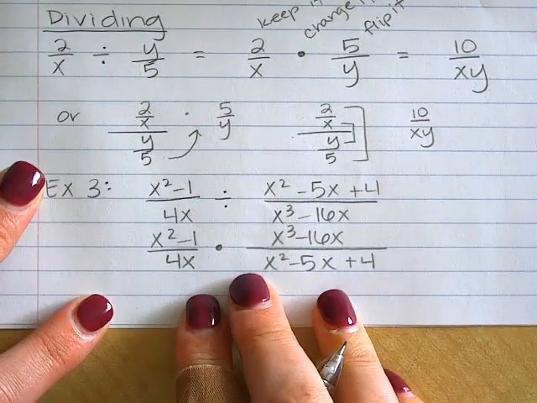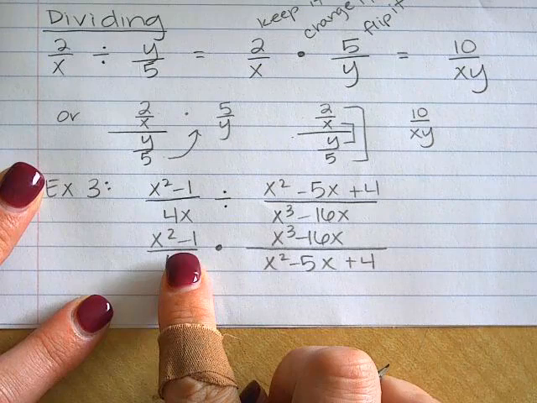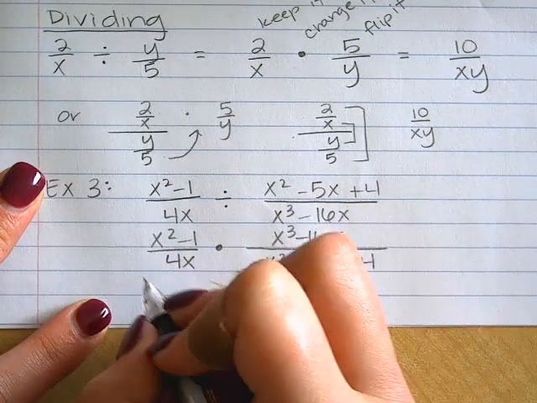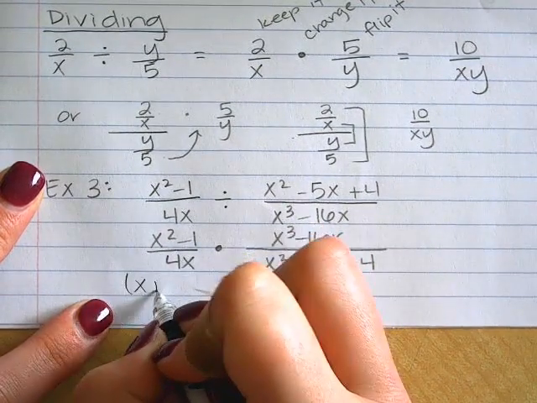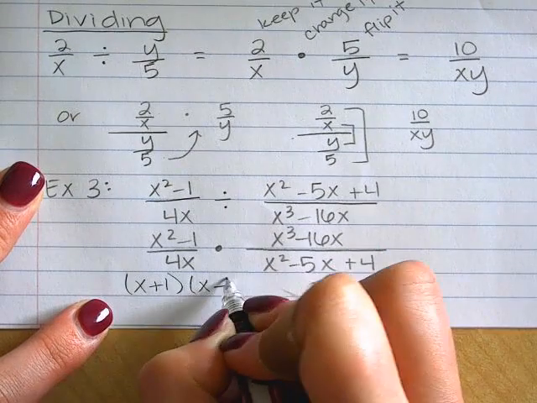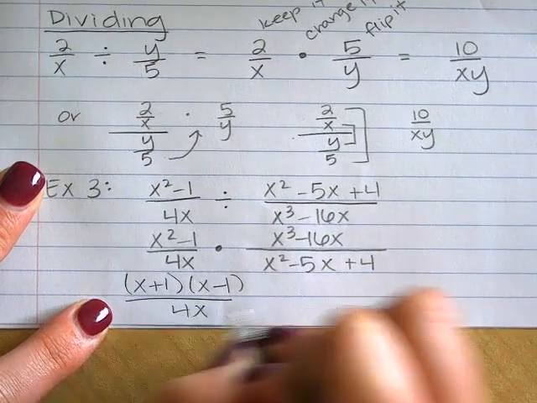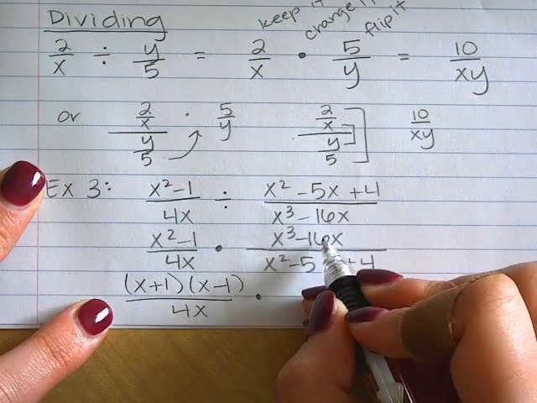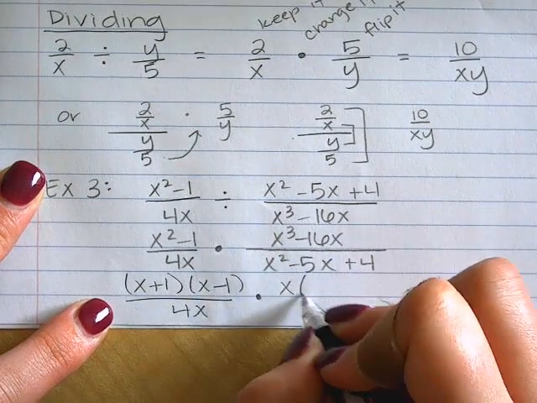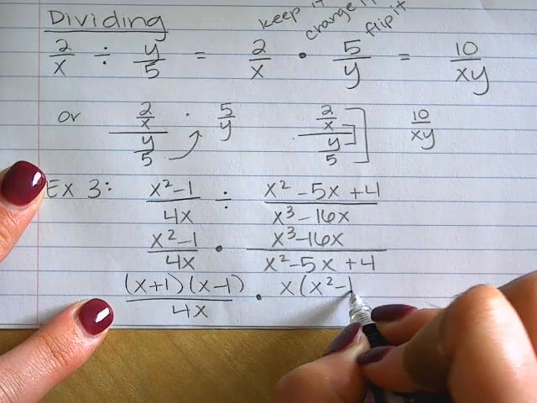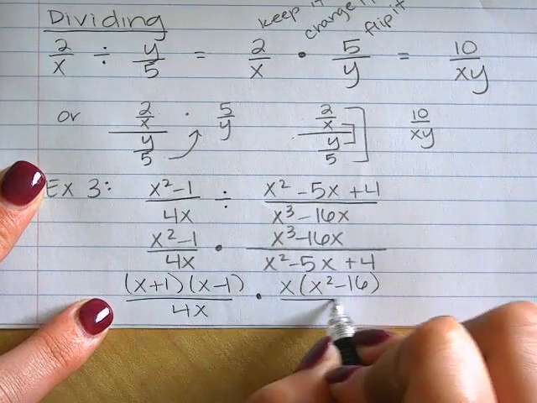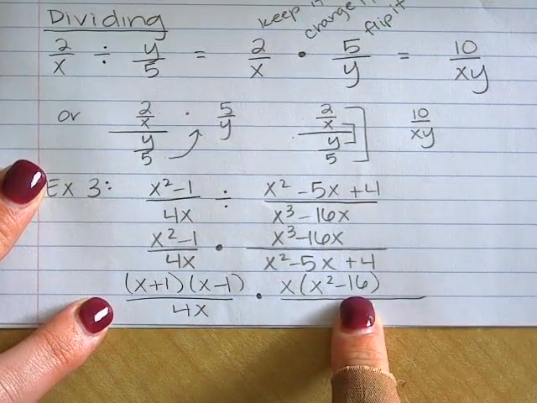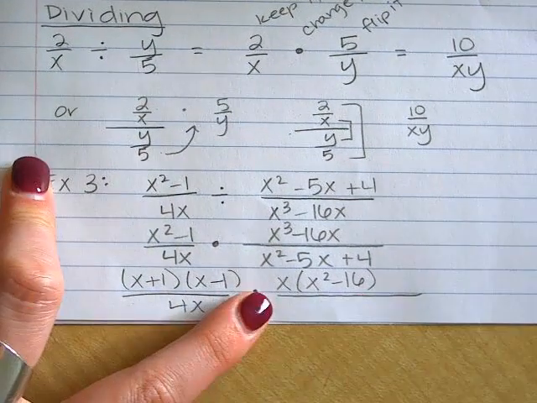And then I do have some factoring to do. So for this first fraction, I have difference of squares, so that gives me x plus 1, x minus 1. Over here, I can factor that GCF of x out, so that leaves me with x times x squared minus 16. And when you look at that, you can actually see that that is difference of squares as well.